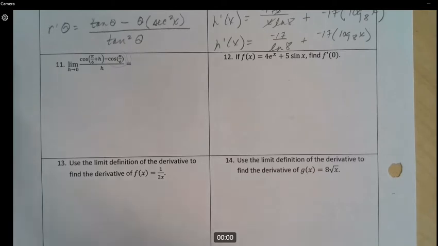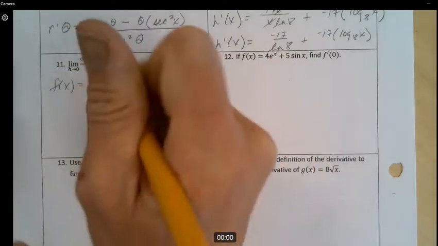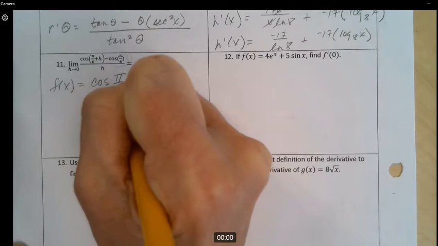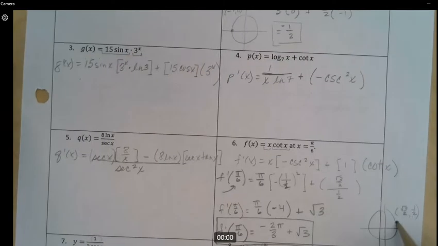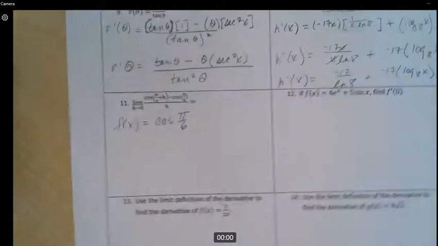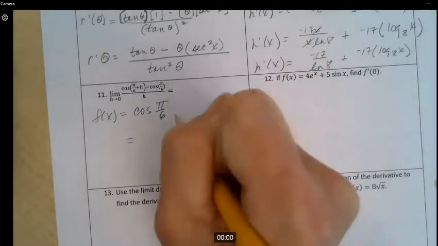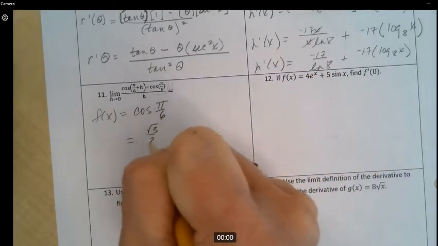So my original function is equal to the cosine of pi over 6. Didn't we just have the cosine of pi over 6 over here? Isn't that root 3 over 2? So the cosine of pi over 6 is equal to root 3 over 2.